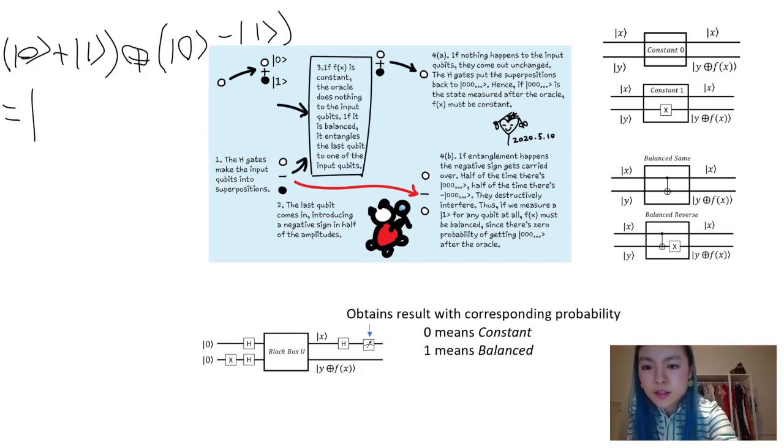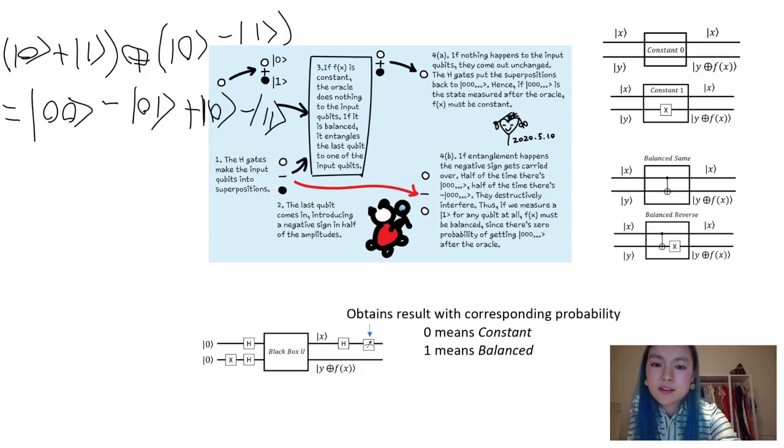You will get a positive |00⟩, and then a negative |01⟩, positive |10⟩, and negative |11⟩. Okay, I'm writing with my finger here, it's not very pretty.